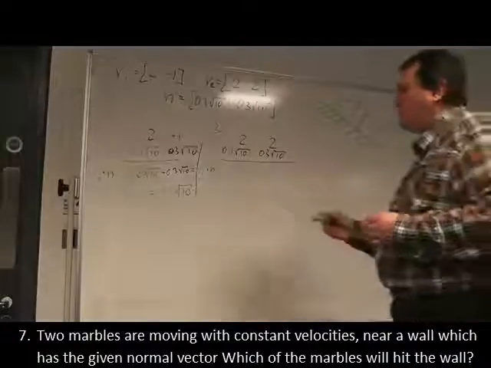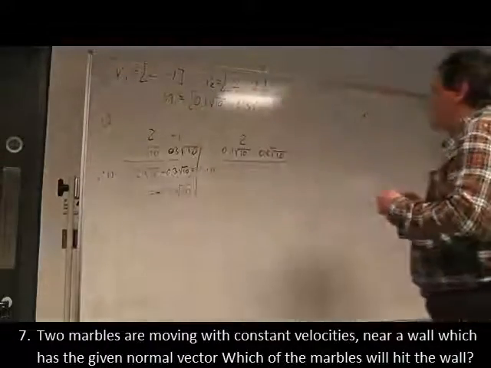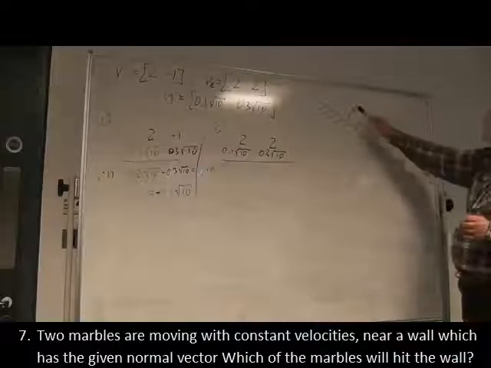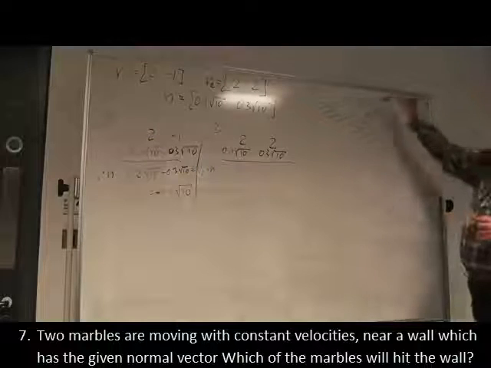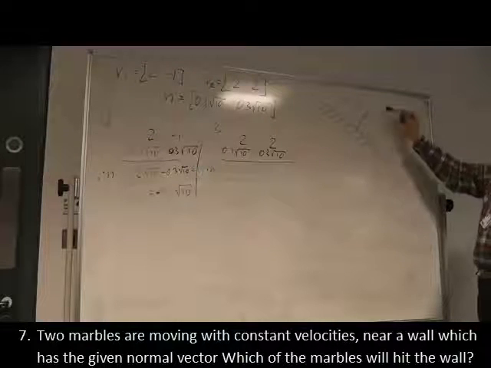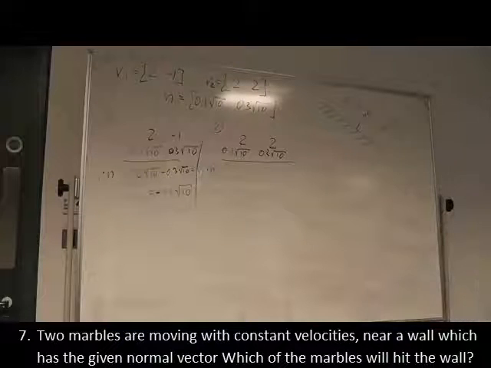So we have the answer for the first one. It's a negative number. This was the calculation for this. This means that the velocity is pointing the other direction than the normal. So my drawing was wrong. In fact, it was intentionally wrong.